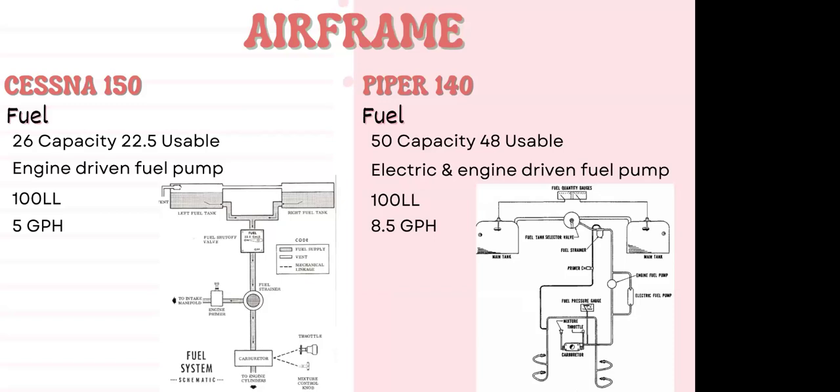And because we have less usable, it's for that 30-minute day VFR minimums. So you can't go below 22.5 because that would put us into that illegal usage category. It takes 100 low lead and it burns about 5 gallons per hour. So that's pretty good.